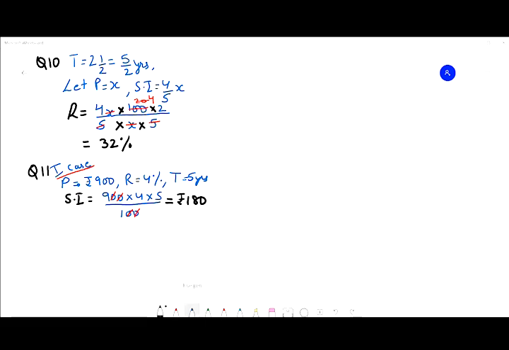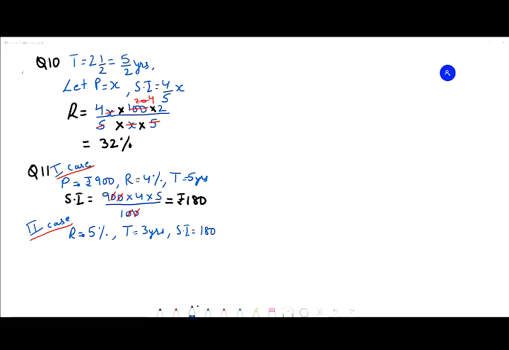Now in the second part, they are asking us to use the same simple interest. Now what they are saying is, rate is 5%, time is 3 years, and SI is same, that is 180.